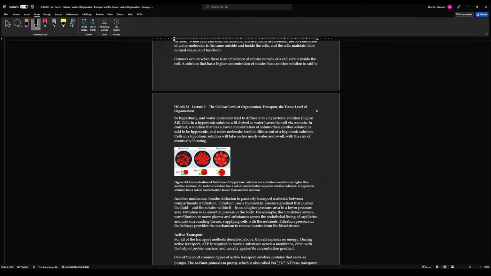What happens here is, to try to even this out, the water inside the cell is pulled out. So these cells will actually shrivel up. In an isotonic solution, there's a relatively good balance of water in and out of the cell. This is ideal, right? You have water going in and water going out in an even amount, and the cells are the correct size, etc.